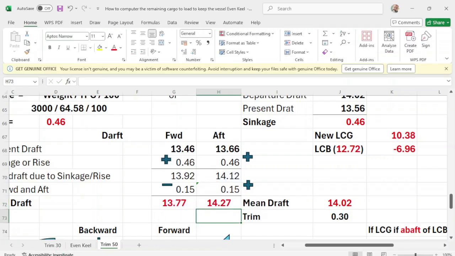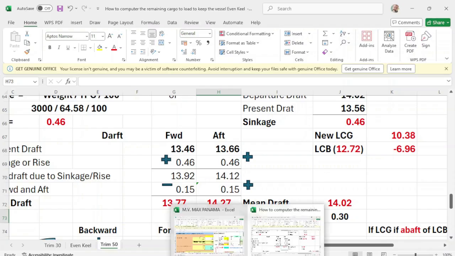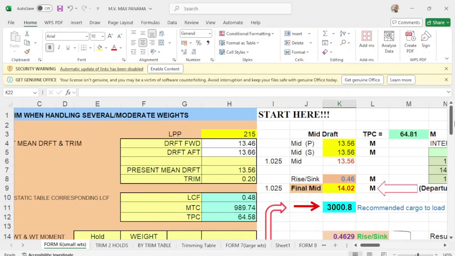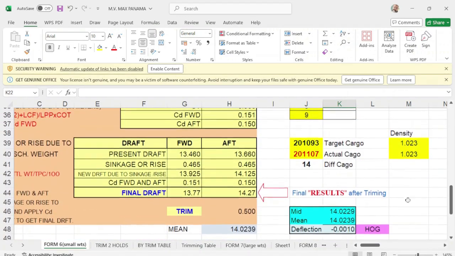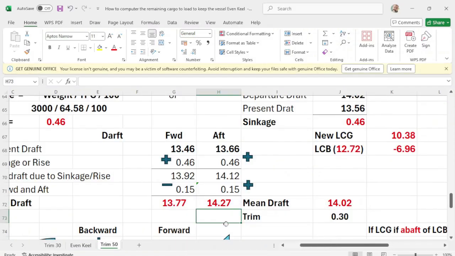So your forward drop is 1377, up drop is 1427, which is the same here, okay?